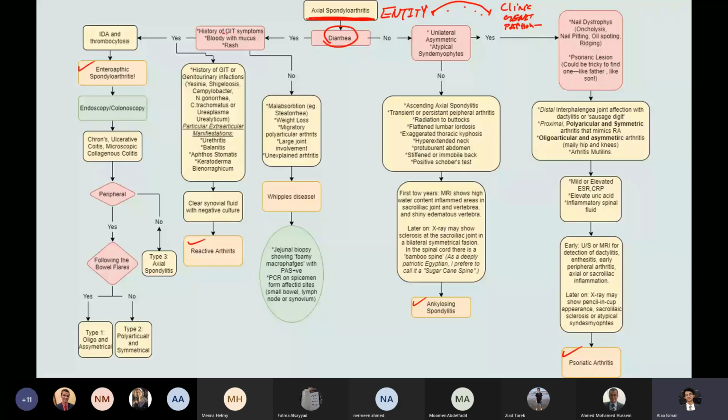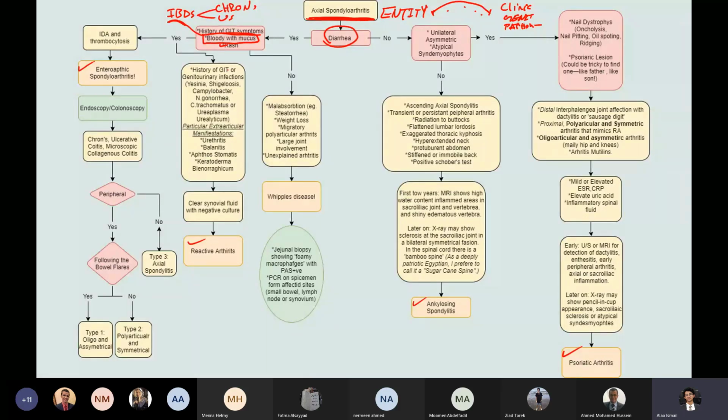And this is quite a very important and specific feature for Crohn's disease and ulcerative colitis. So IBDs, including Crohn's and ulcerative colitis, come with this presentation, bloody diarrhea with mucus. So if the history includes this thing here, bloody and mucus diarrhea, you should think of ulcerative colitis and Crohn's disease as the underlying causes for this axial spondyloarthritis.